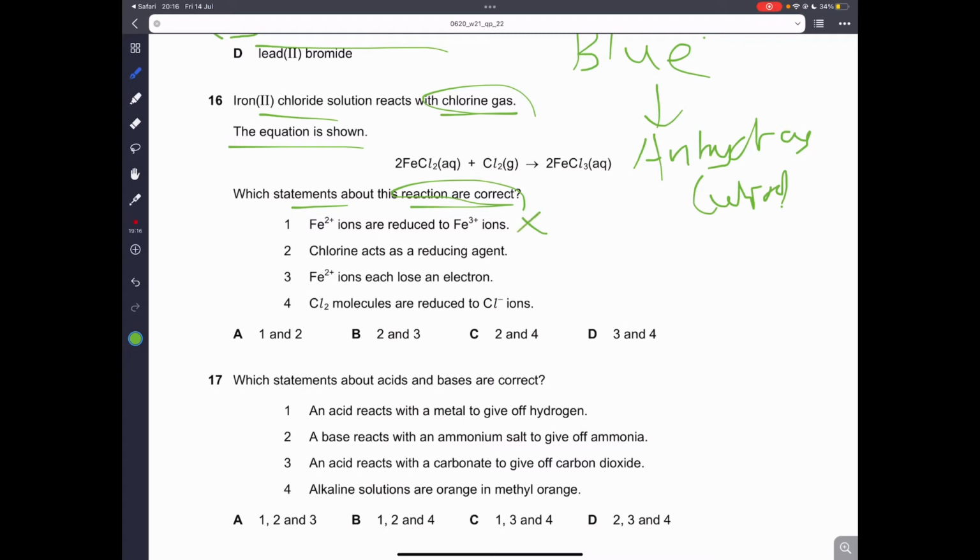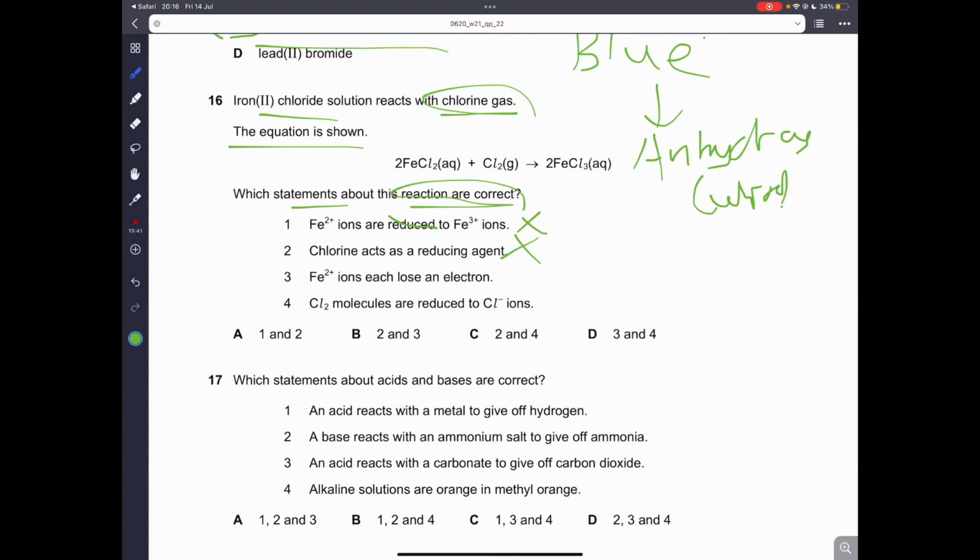It is not correct because it is not reduced, it is actually oxidized. So this is wrong. Chlorine acts as a reducing agent here. It is also wrong. Fe2+ ions each lose an electron. The Fe2+ will lose an electron, so it will become Fe3+.